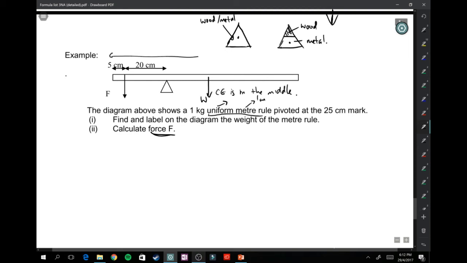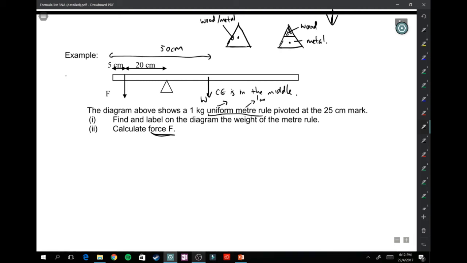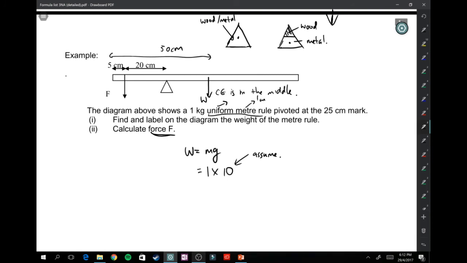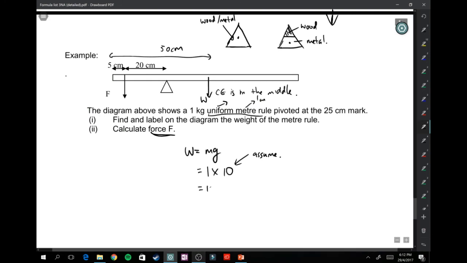Okay, that means this is 50 cm. Alright, first thing first, you need to know W equals to mg. Okay, you can take g as 10. You have 1 times 10. This is an assumption. Usually the question will give you, but in this case, this question doesn't, so you just assume that this experiment is done on Earth, therefore g is 10, and that will give us 10 Newton.